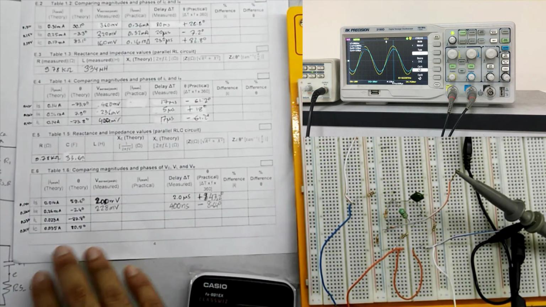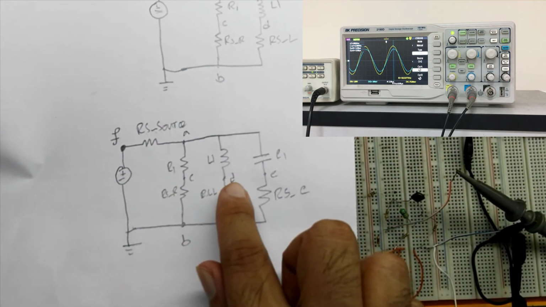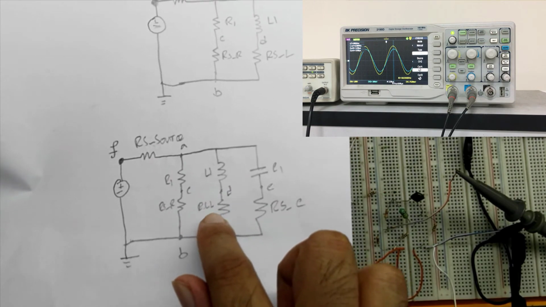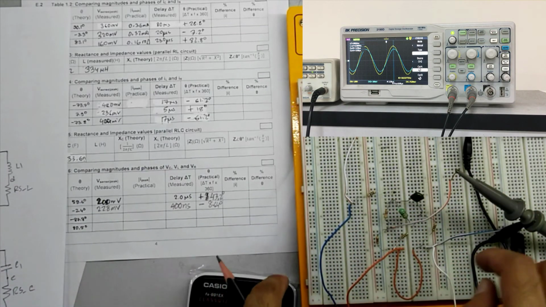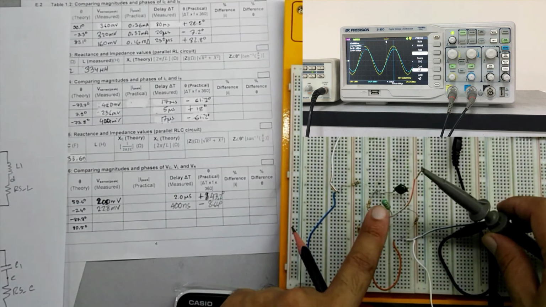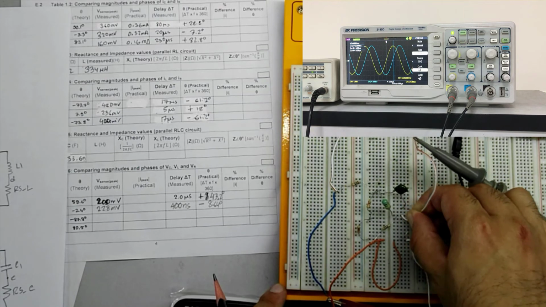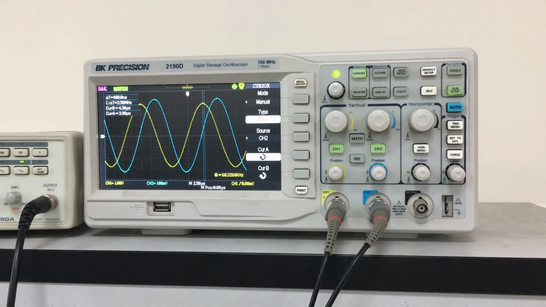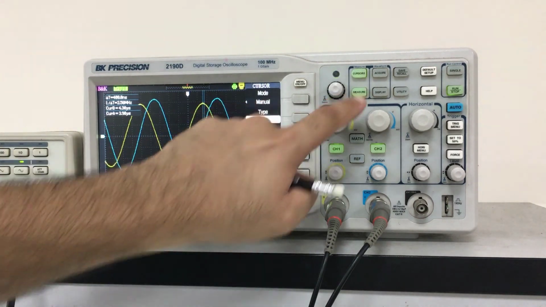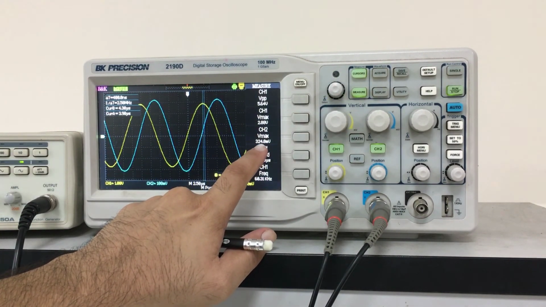Now we can move channel 2 from C to D to measure the RSL peak voltage. So I'm moving channel 2 from C to D. Now from measure we see that the channel 2 Vmax is 324 millivolt.